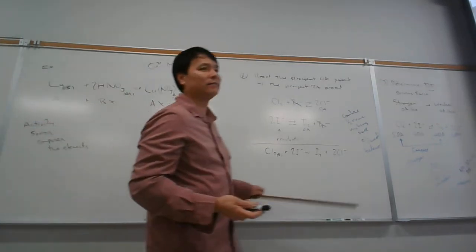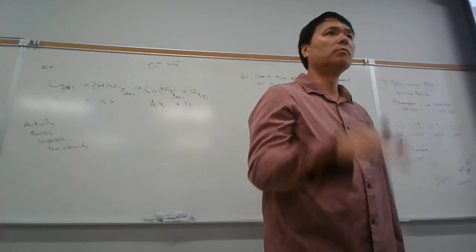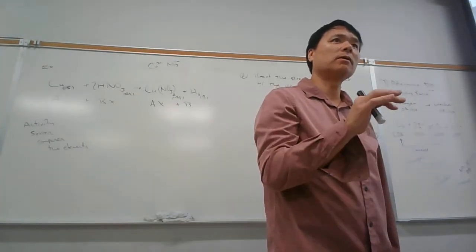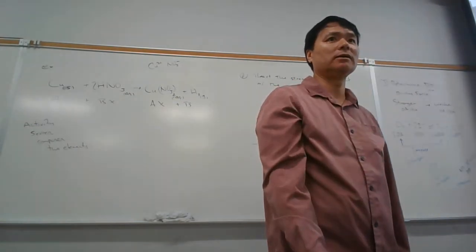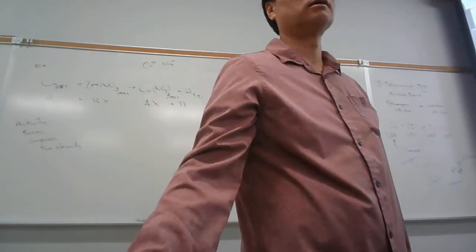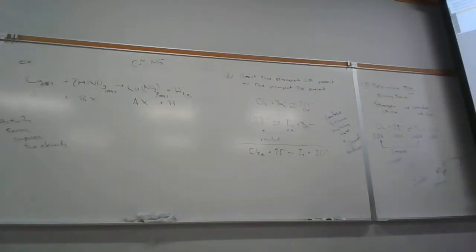The more active the element, the more unstable. And so the most active element is, the least active element is gold.